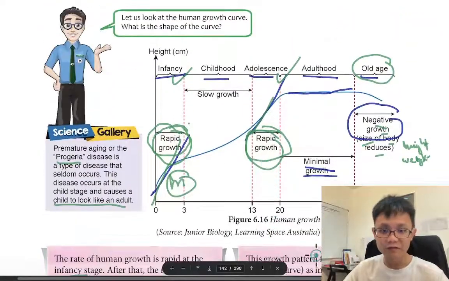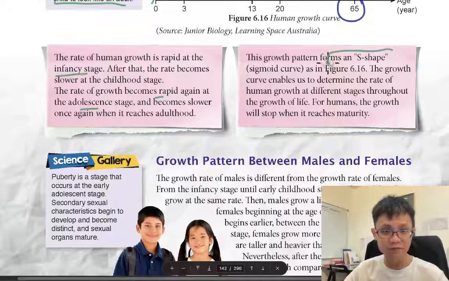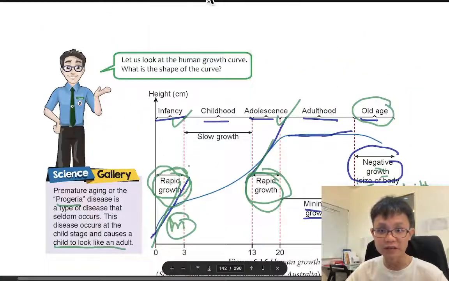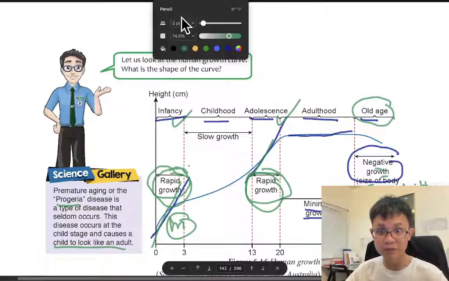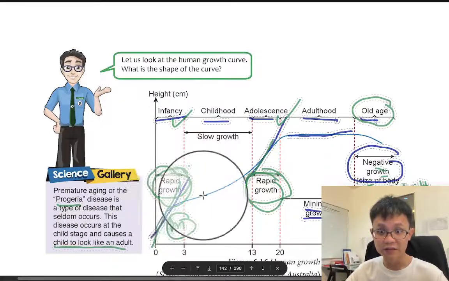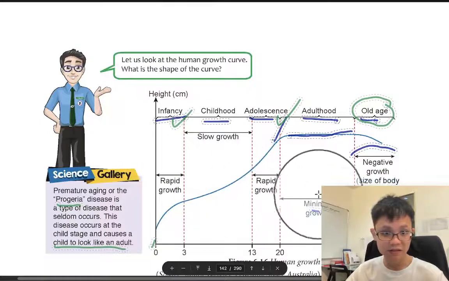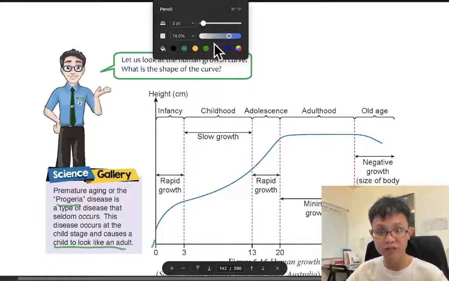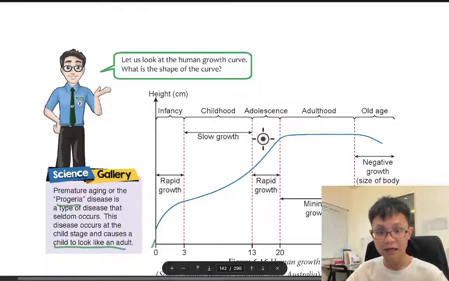What do you mean by S-shape? Too many things, so I need to erase it so I can draw the S-shape. Where is my eraser? This is my eraser. Okay, so what do you mean by the S shape? Let me try to draw the S shape. Let me choose black color.